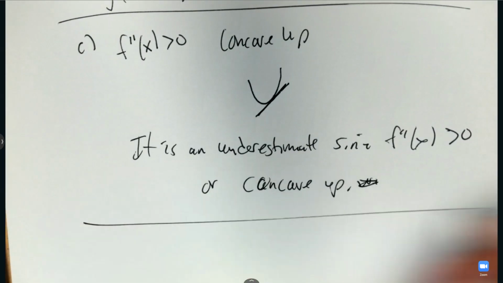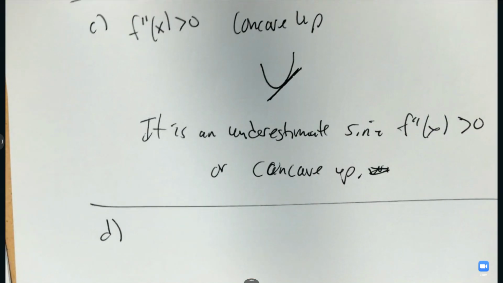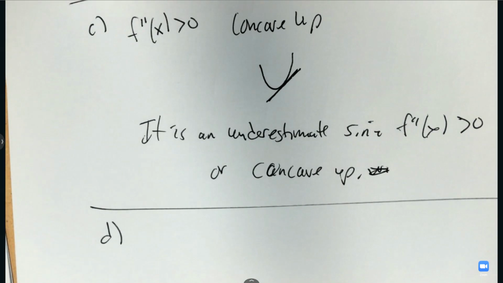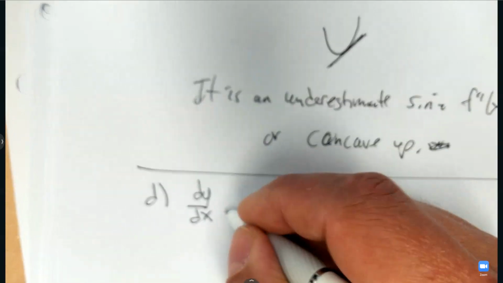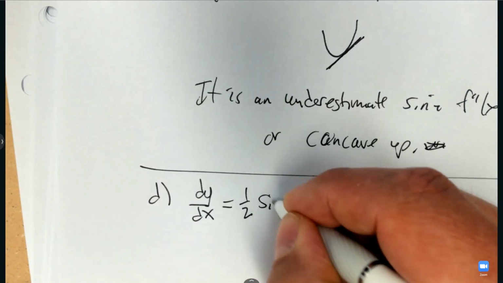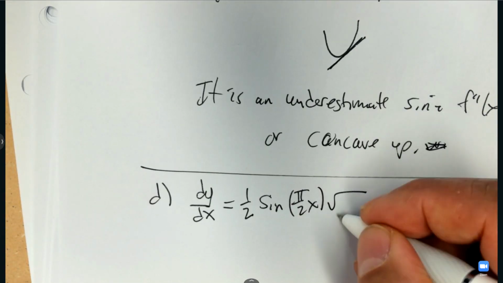D. See how I think this kind of question, a differential equation, gives you a lot of opportunities to get points. So here we're going to again separate the variables. And we're going to solve it.